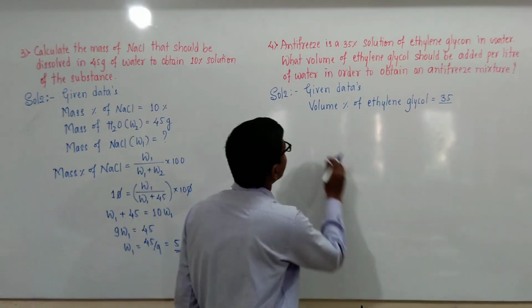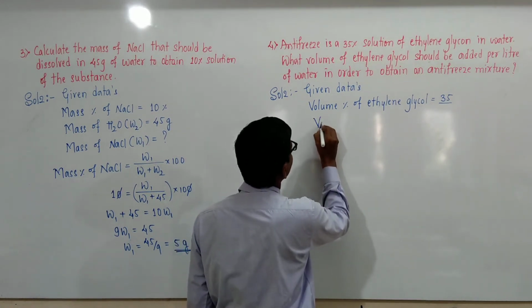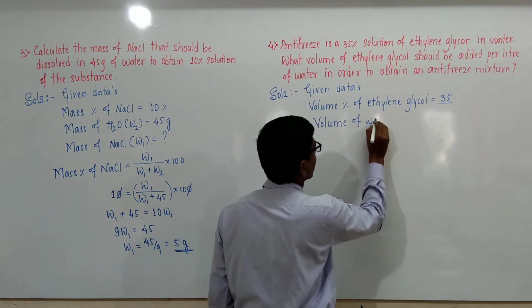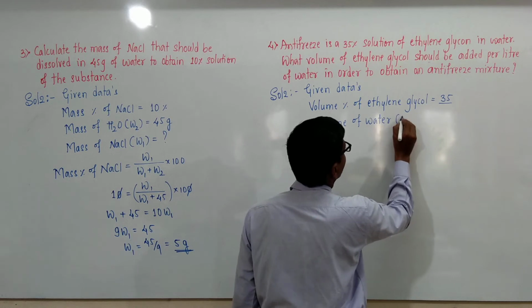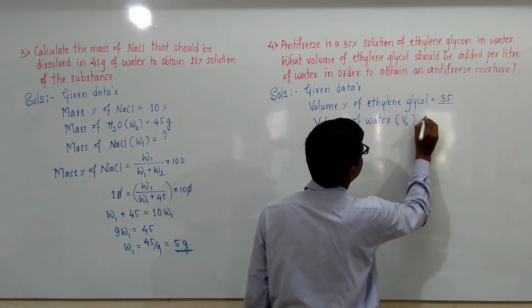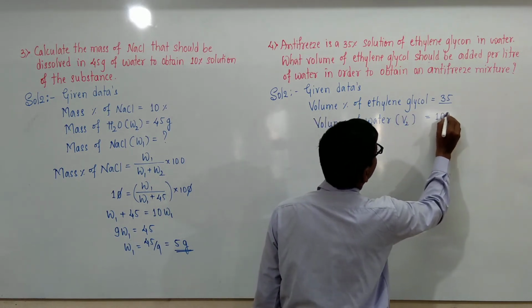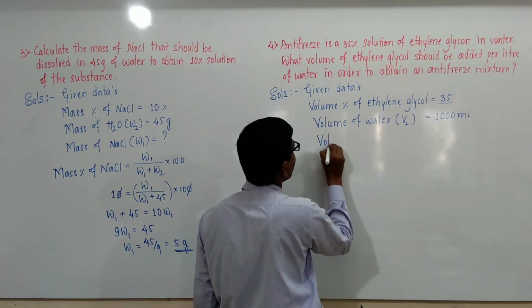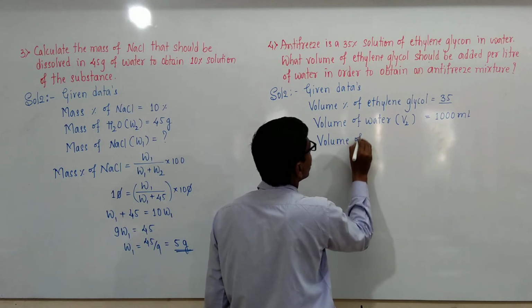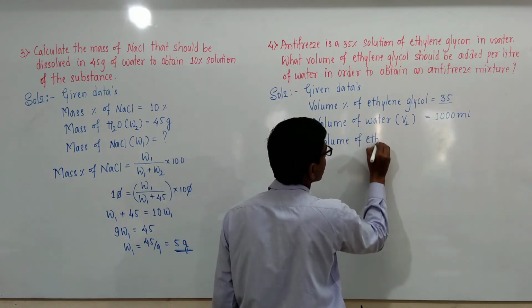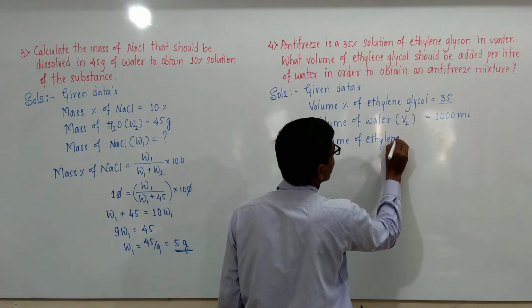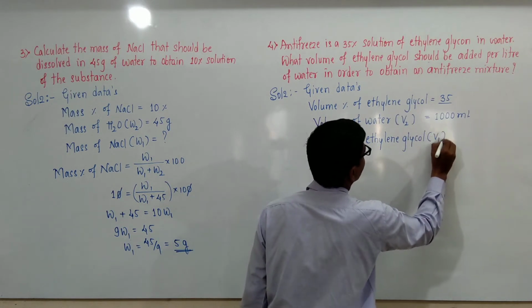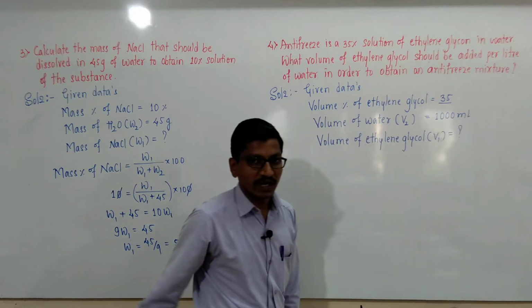Then volume of water, that is V2, is given per liter means 1000 ml, and we have to calculate volume of ethylene glycol, that is V1.